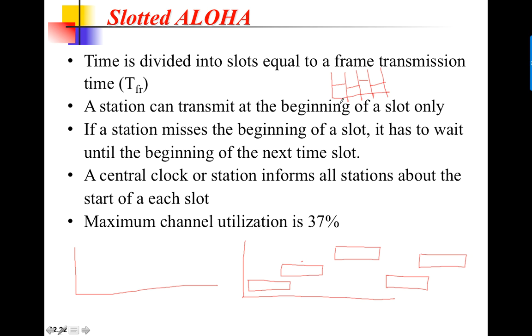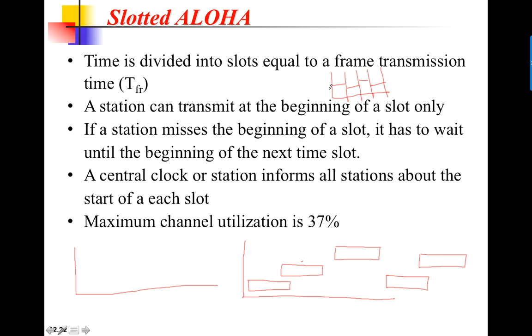And to make sure that all stations have the same slot in common, you have to make sure there is a central clock or a station that informs all stations about when there is the beginning of the time slot, because all stations need to start at the same time. Otherwise, there will be no point.